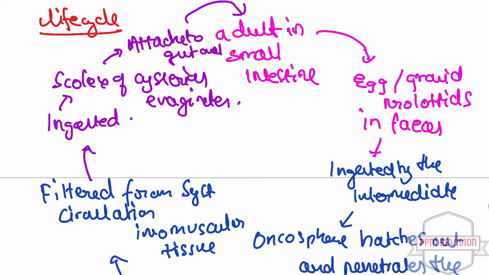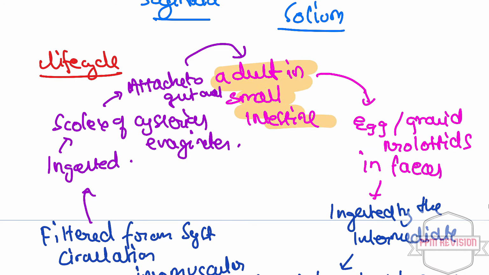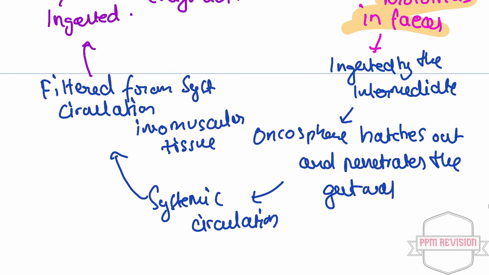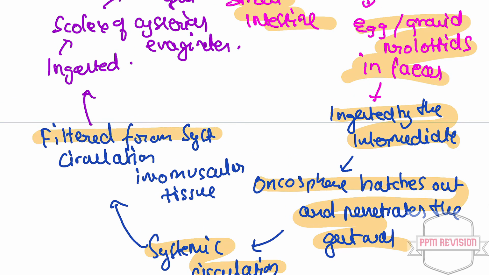So let us quickly go through. We started with the adult in the small intestine. Then the eggs or the gravid proglottids are present in the feces, and they are ingested by the intermediate host. The oncosphere hatches out and penetrates through the gut wall, enters the systemic circulation, and is filtered from the circulation into the muscular tissue.